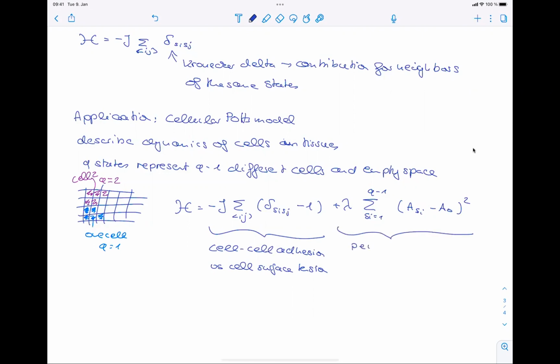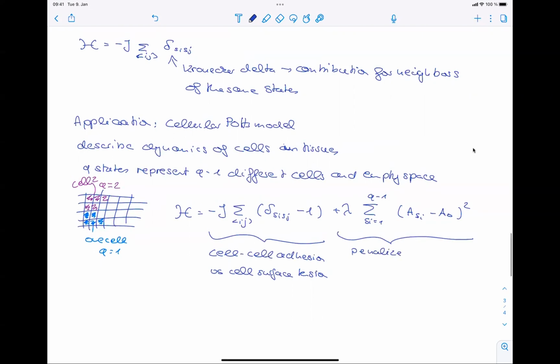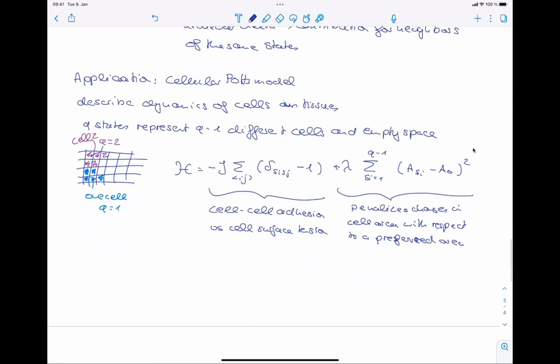So this just analyzes the change in cell area with respect to the preferred area. And I feel strongly about giving you this example just to elucidate that while for most of this course we'll be talking about Ising models, and to a certain extent you can care about magnets, you're not, right?